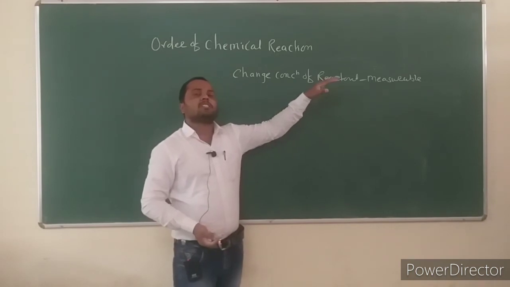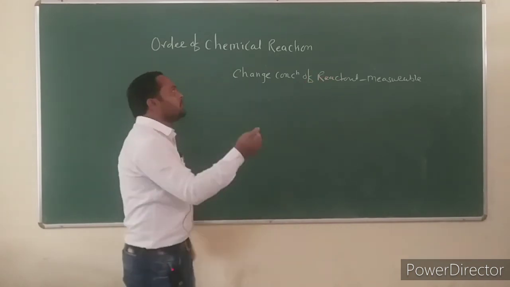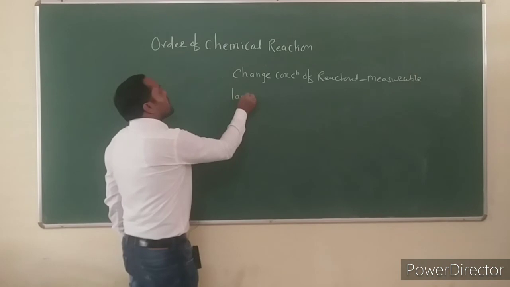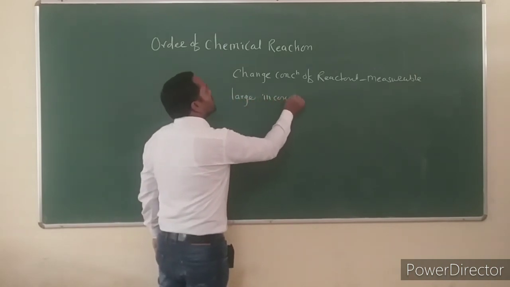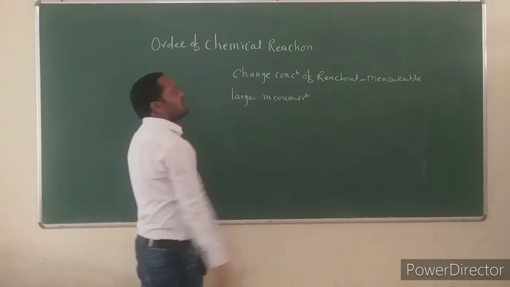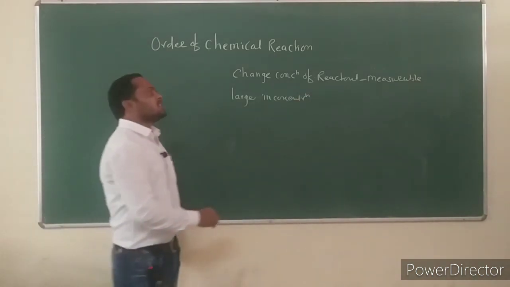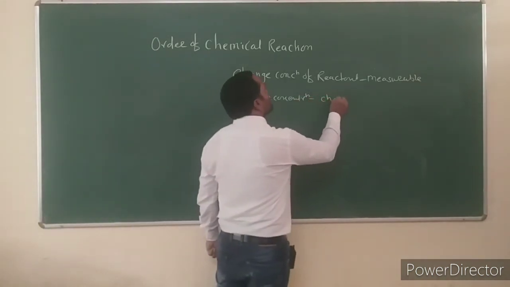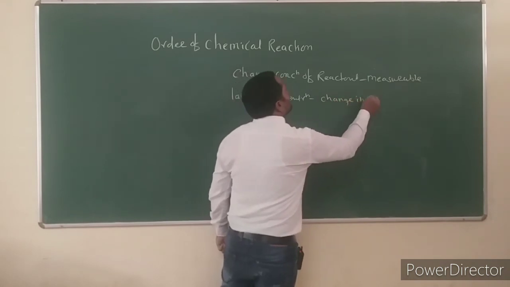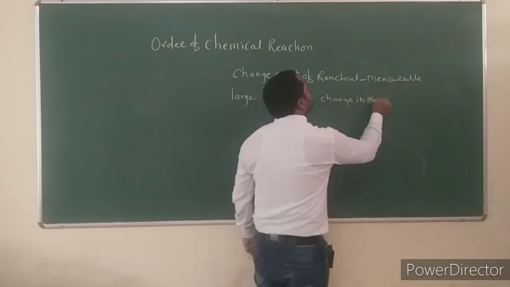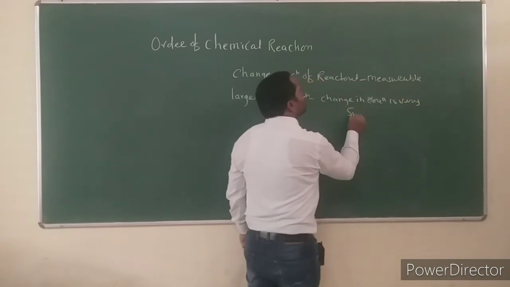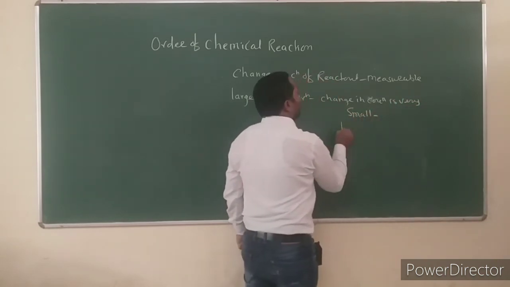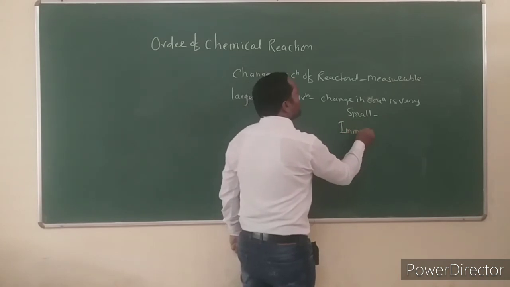That reactant concentration generally appears in the rate equation. If some reactants are in large concentration, their change in concentration is very small and immeasurable.